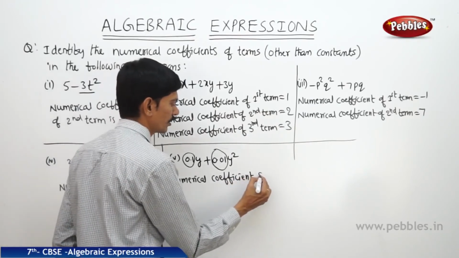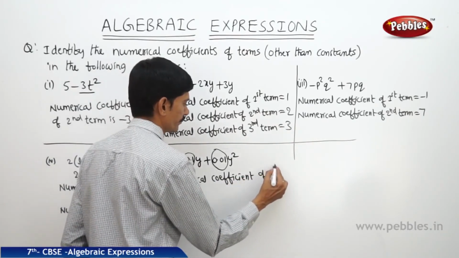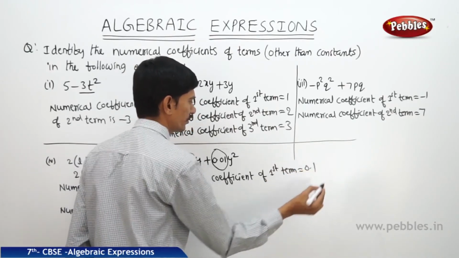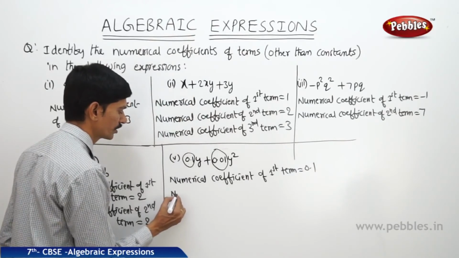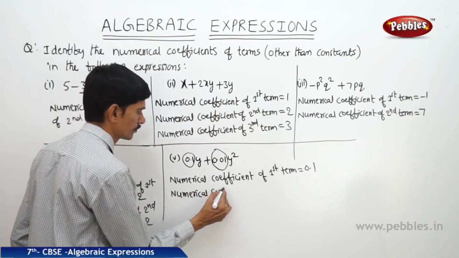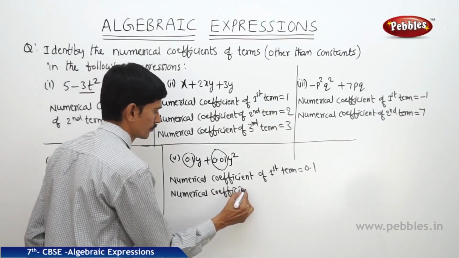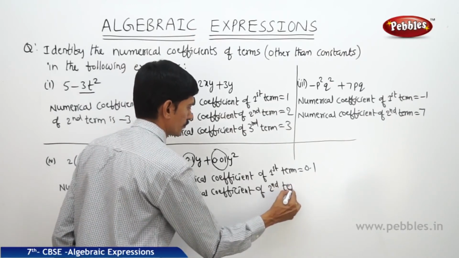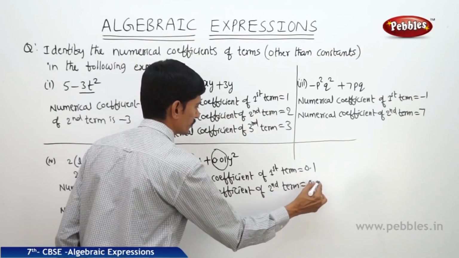Numerical coefficient of first term equals 0.1, then the numerical coefficient of second term is 0.01.